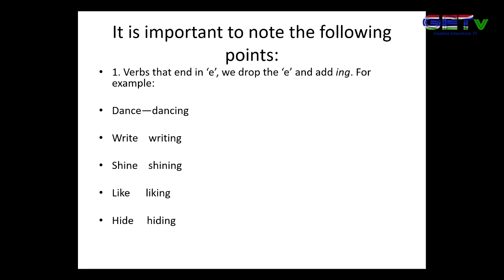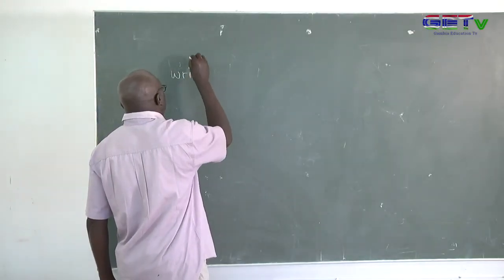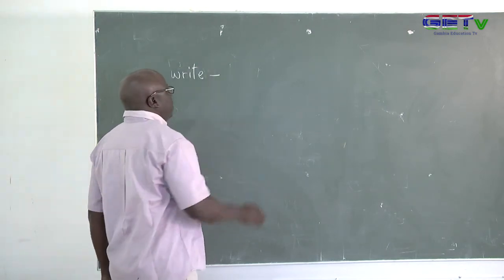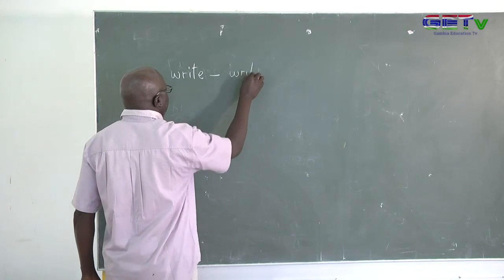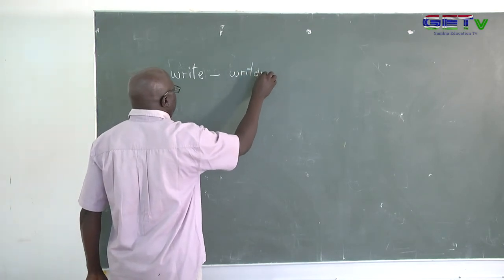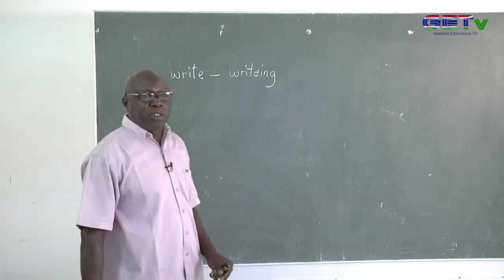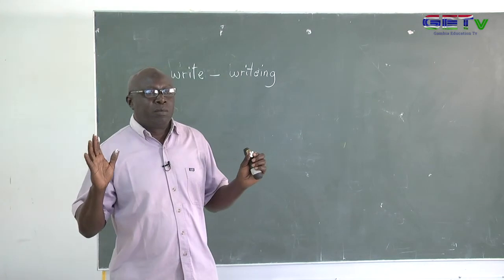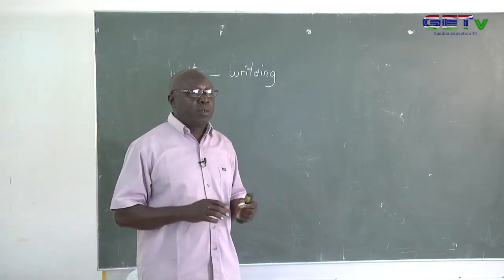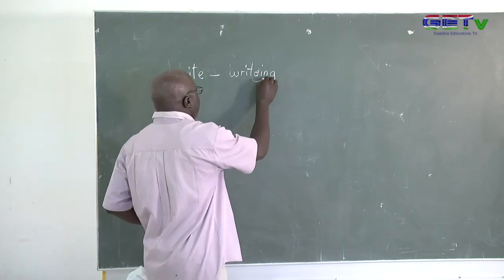Some would say, for example, write, because it ends with E, they would write, because the present participle is formed by adding ing, full stop. That's the rule they follow. It's just a matter of adding ing. Okay?